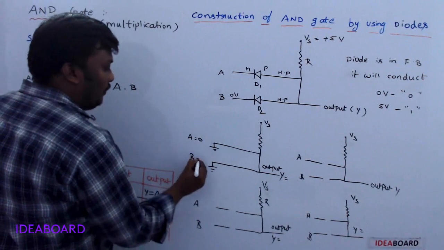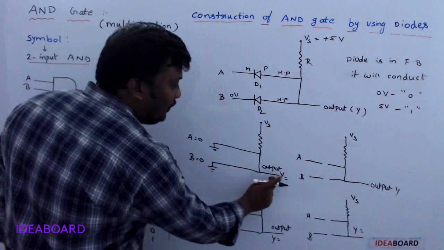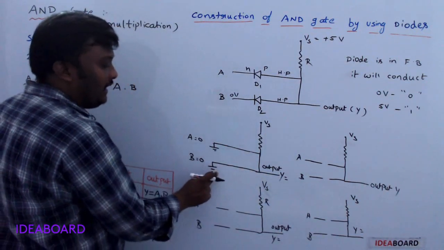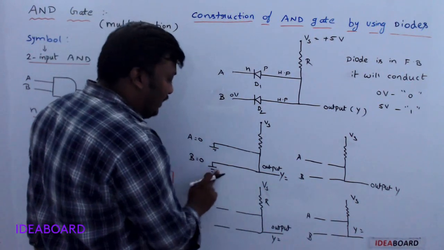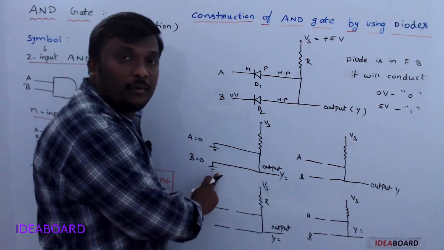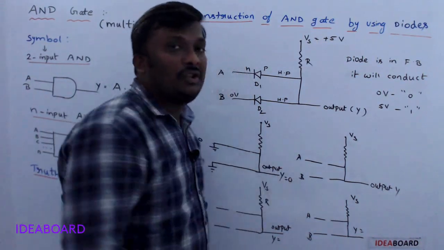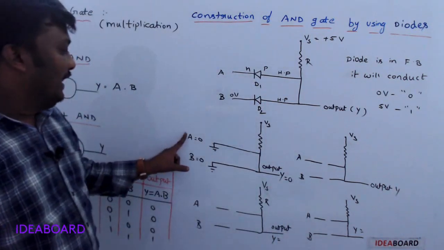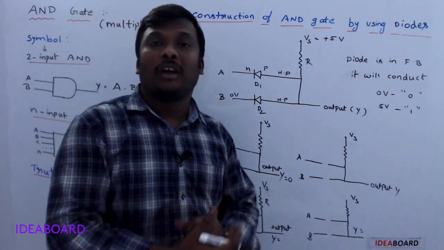A is equal to 0, B is equal to 0, which means both are grounded. Now let us see the output. The output is directly connected to the earthing, which means the voltage is 0 now. So it shows 0. So A is 0, B is 0 means we get the output also 0.